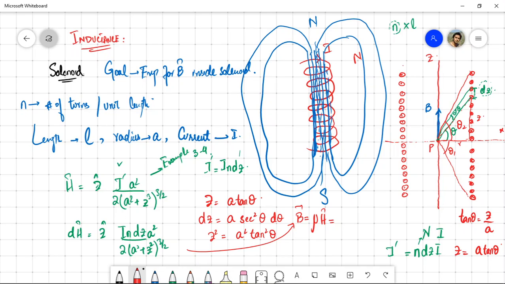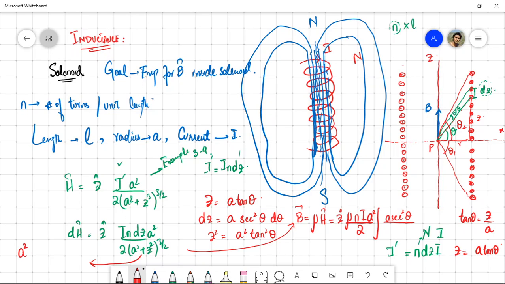So this is going to be z hat mu n I a square, that was already there, divided by 2, then integration, and then we have a secant square theta, that is in the place of dz, divided by, we had a square plus tan square theta.